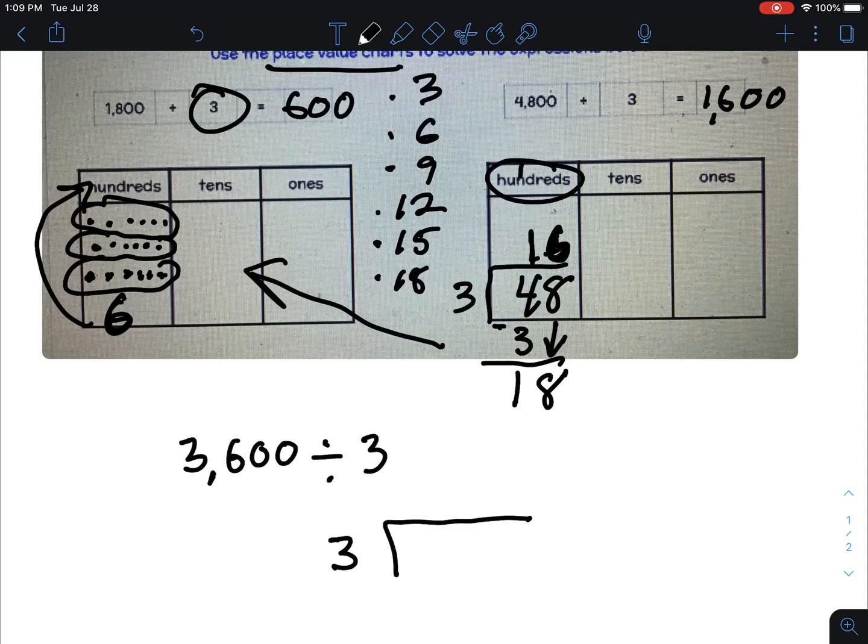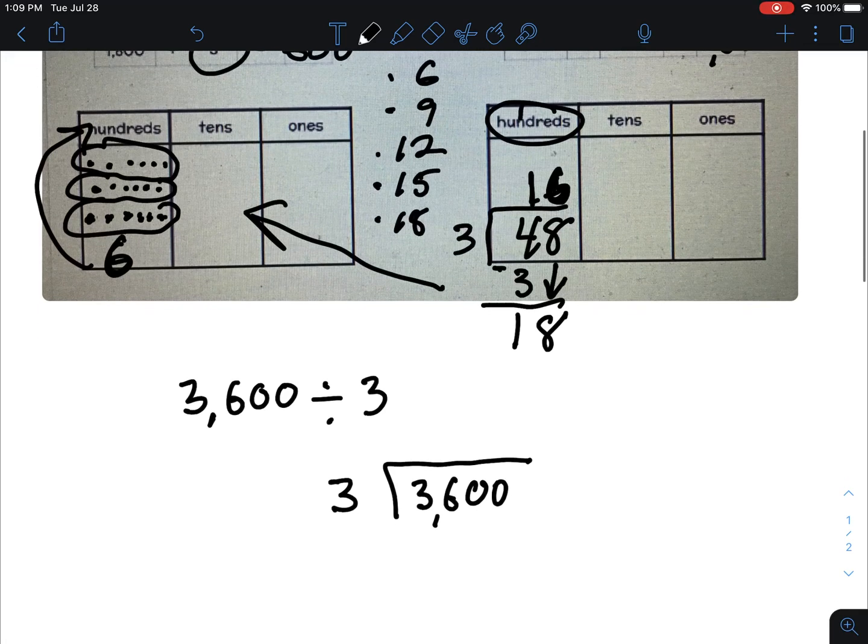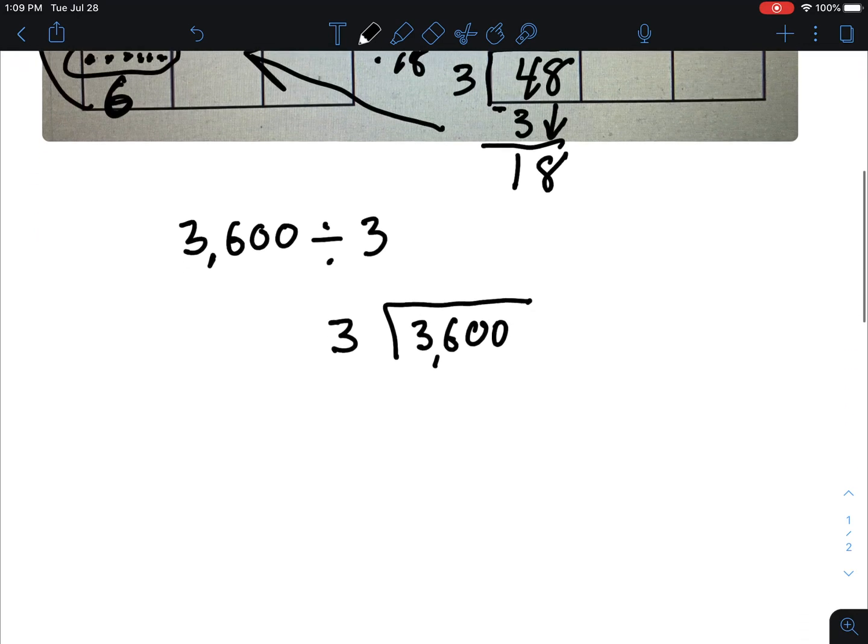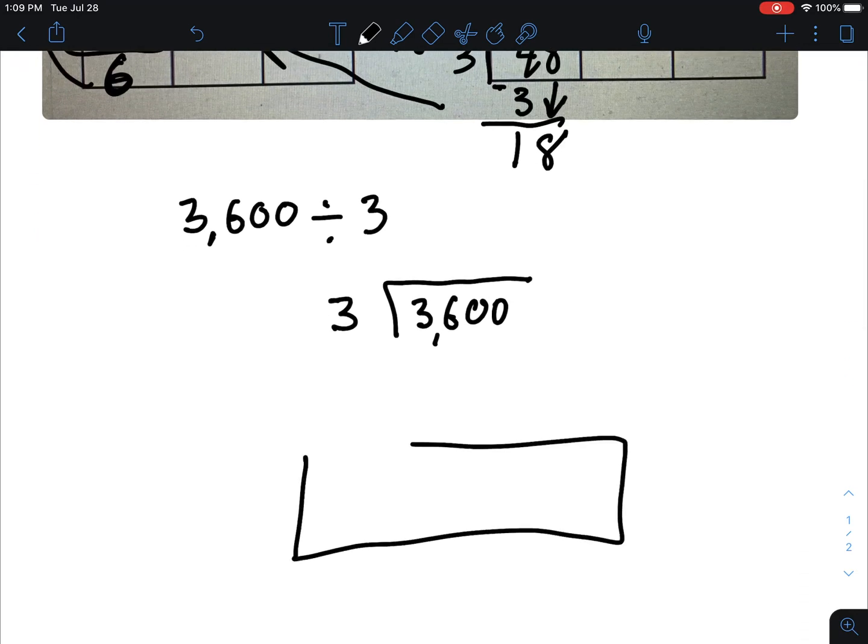So what you can do is, you can write it, excuse me, using the algorithm. And this might be easier to solve. You could even write it this way, do an area model, if that's easier for you too.